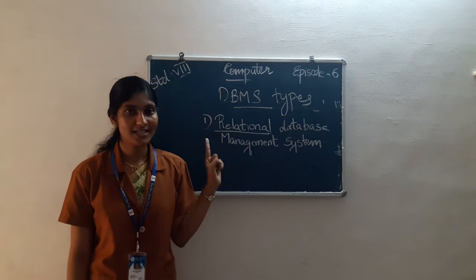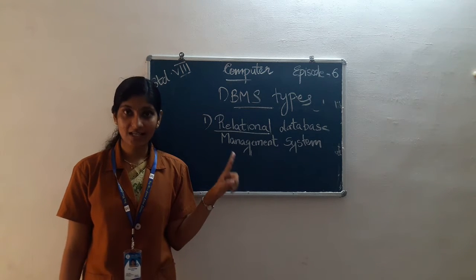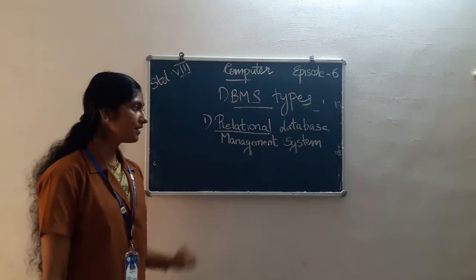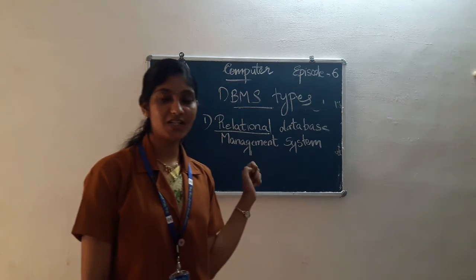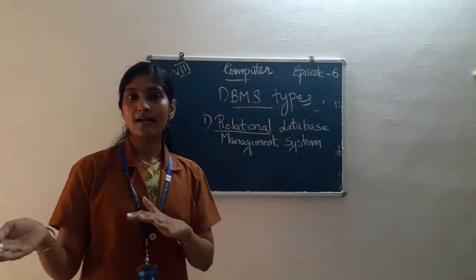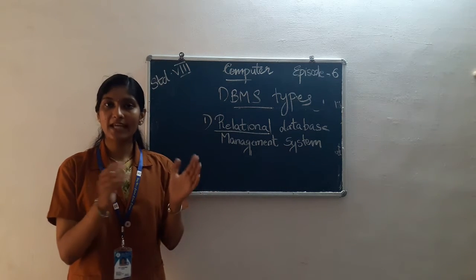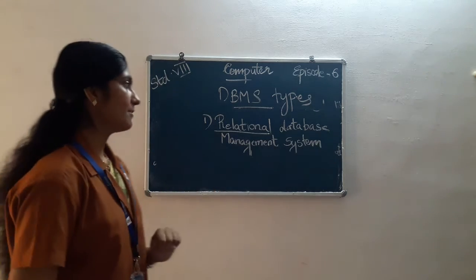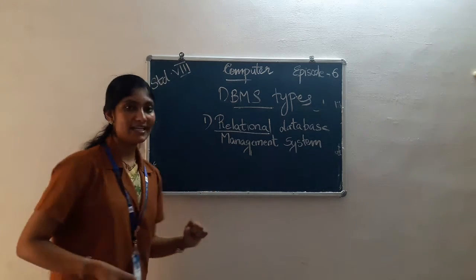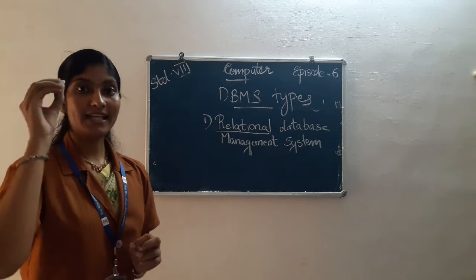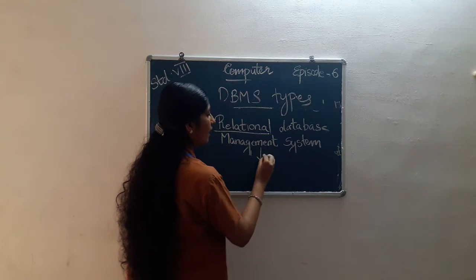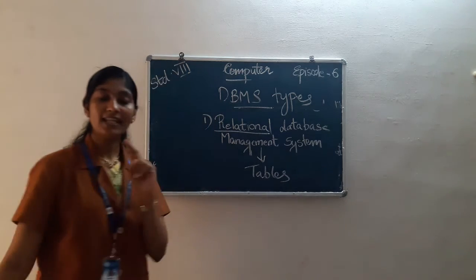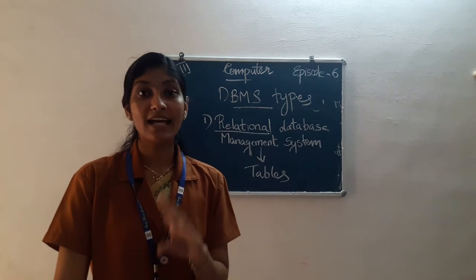Why is it known as relational? That means the 2 tables are linked to each other. Simply, we can say relational database is in the form of tables.